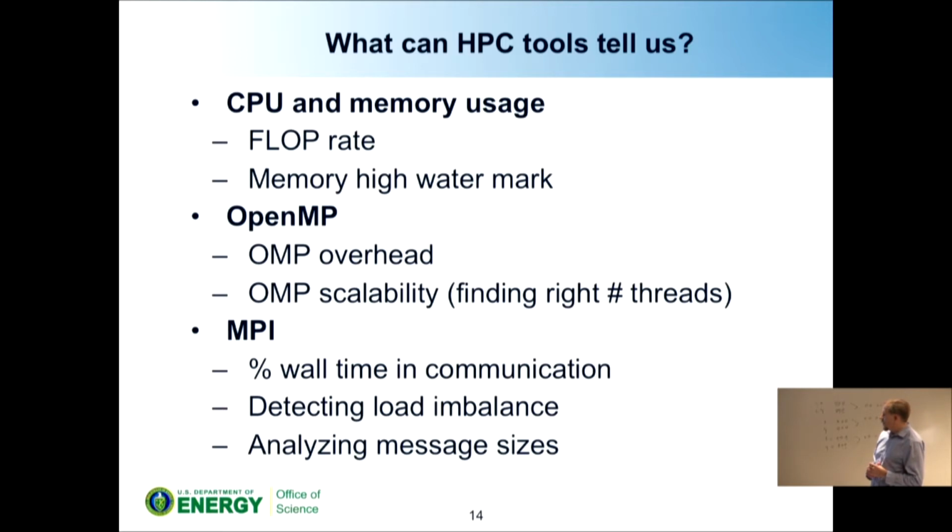Figuring out which of the software libraries or messaging libraries you're using, and how well you're using those, is really important too. If you, for instance, find out that you're spending a whole lot of time in OpenMP and you don't really need OpenMP in your code, then that's probably a good indication to pay some attention to that layer of the stack. The types of things in MPI that are often part of performance debugging are looking at the overall time spent communicating, load imbalance, and message sizes.